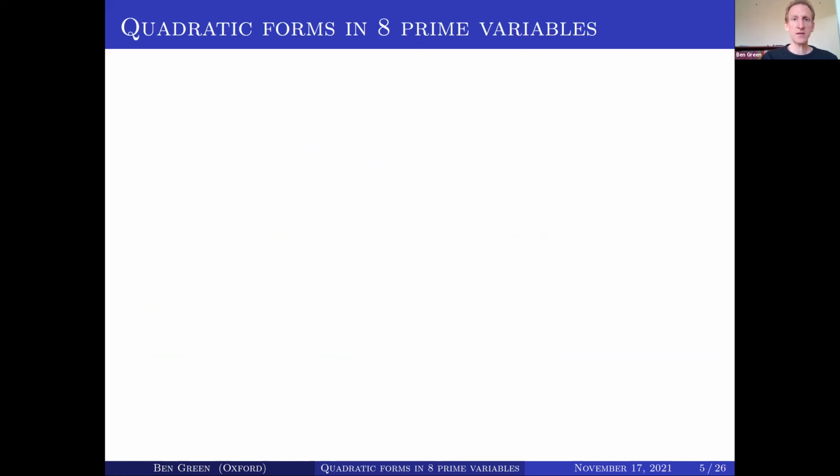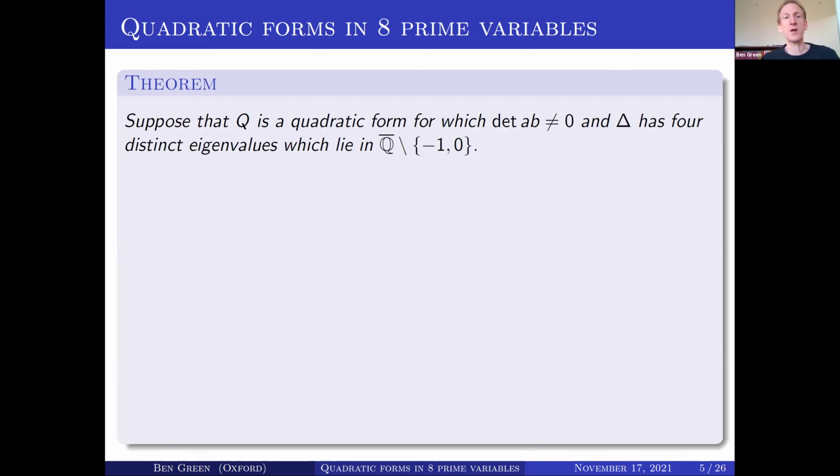So let me try and state a more precise result. So quadratic forms in 8 prime variables. I think this will be something that's familiar to people who've looked at these kind of results, circle method type things before. If you haven't, it may seem a little bit technical, but I won't be relying on this in what is to follow.